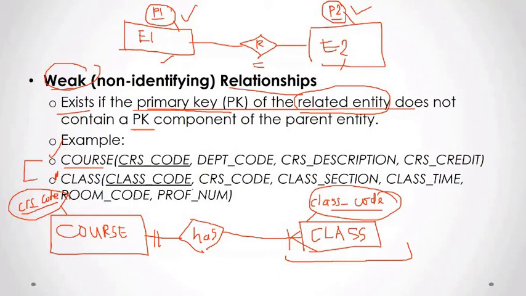So you will notice here that this is the primary key of the parent entity, course code.